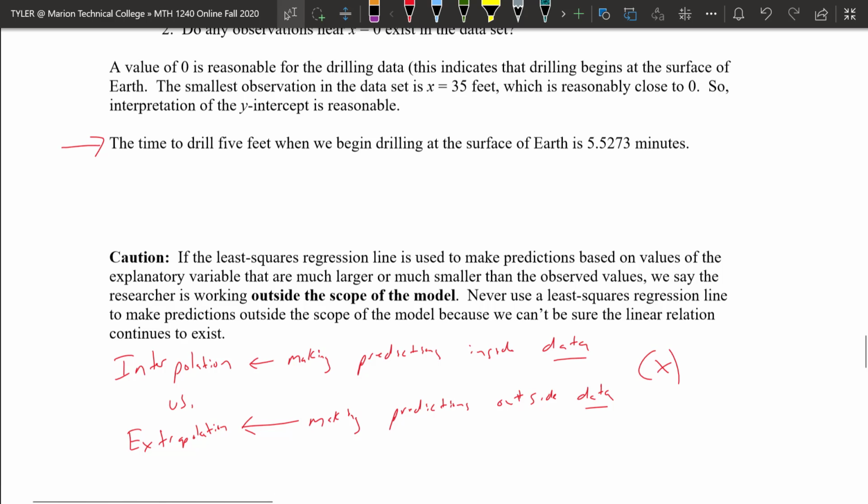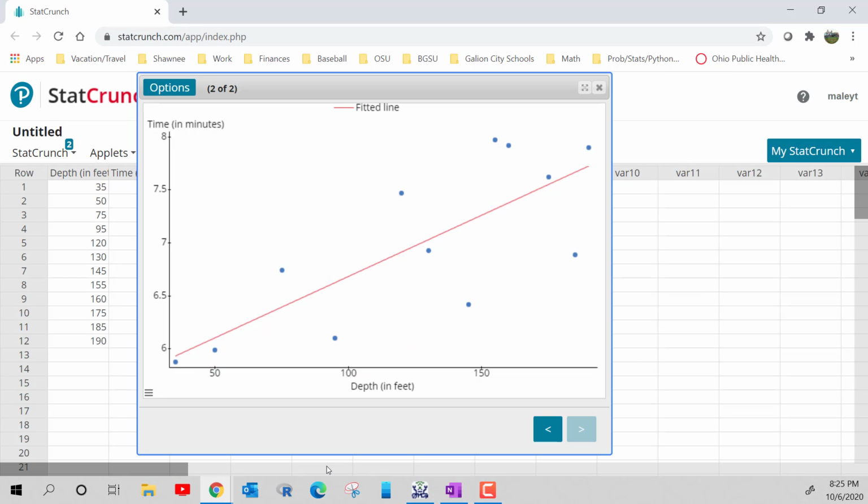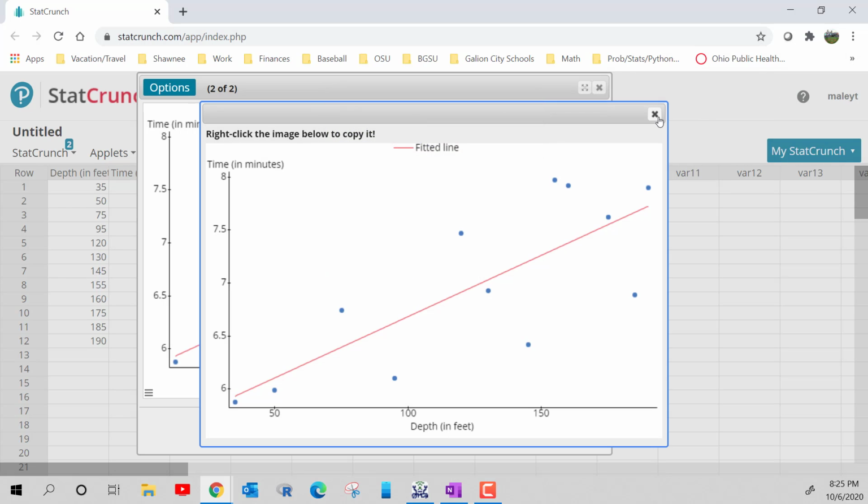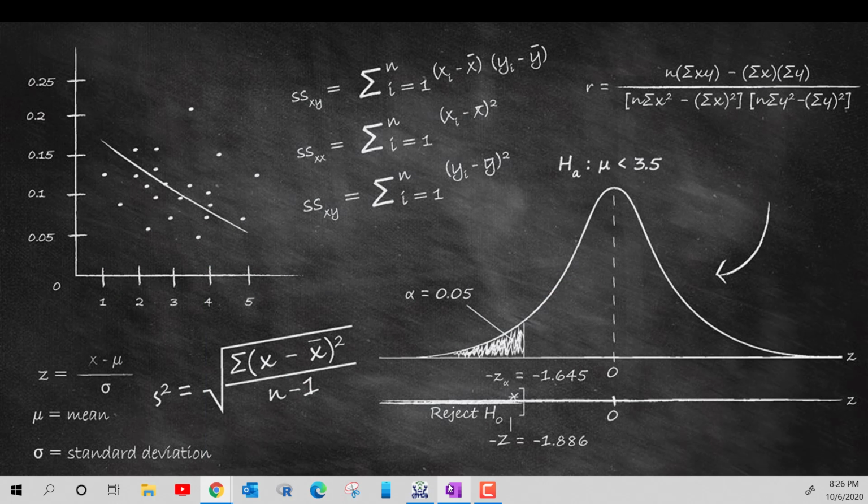So what I want to do now is grab the scatter diagram from this drilling example and draw on here and show you where the interpolation and extrapolation would be.